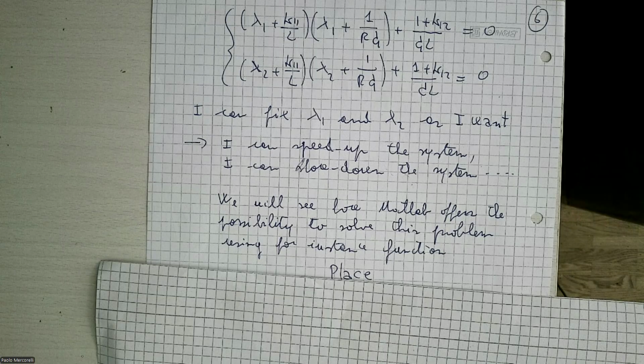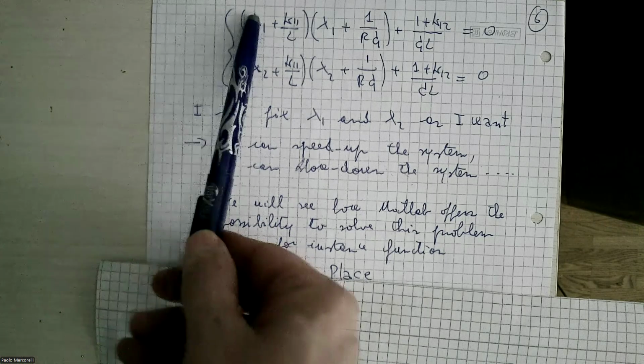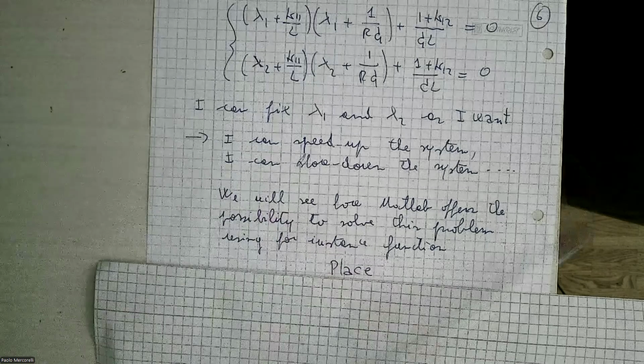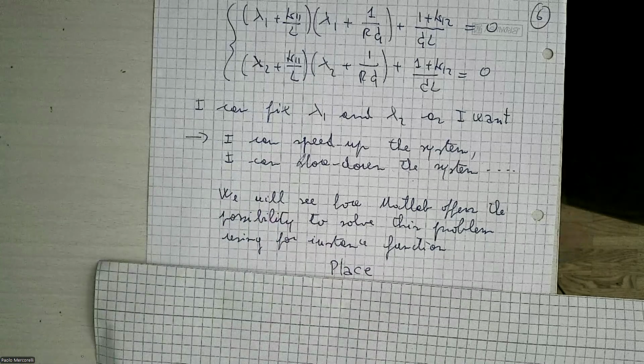To obtain stability, we need lambda 1 and lambda 2 with negative real part. The imaginary part, let me put to 0, because I don't want oscillations in the final dynamics, meaning the control dynamics. I will put here minus 100, and the second, I don't know, minus 110. No oscillations. Now the question is, why minus 100?